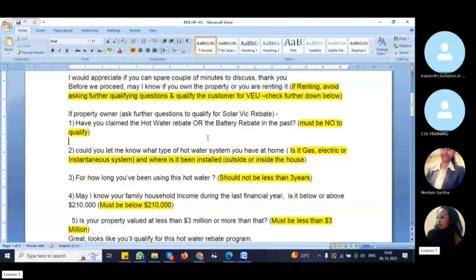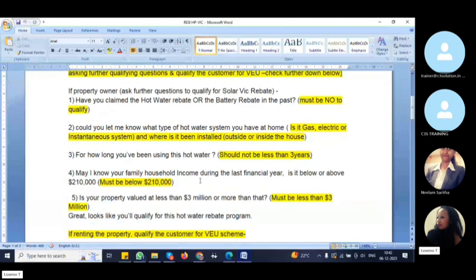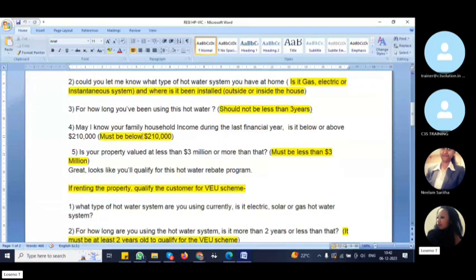Okay, if I'm talking to a property owner or not, I need to ask that, or what type of system they're using, where it is located, for how long they're using the system, and if it's a solar VEET rebate customer, eligible customer, then yes, I have to ask their family household income. Always remember the amount mentioned here, right? $210,000. Keep that on the tip of your tongue. And also I need to ask the property value, again, 3 million.